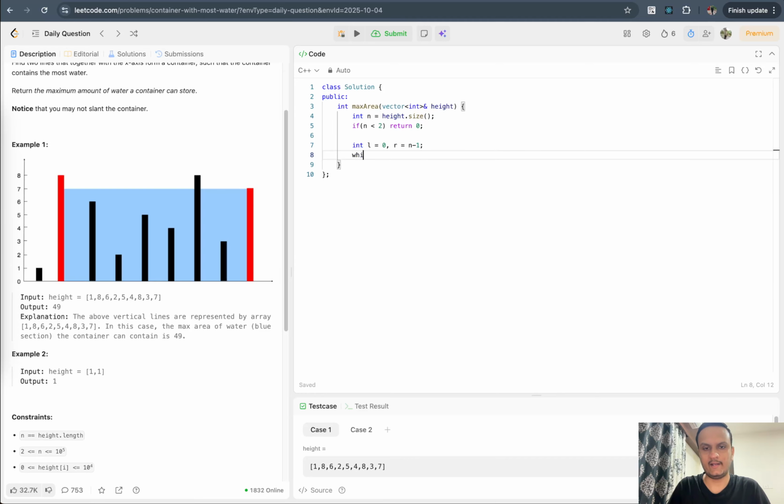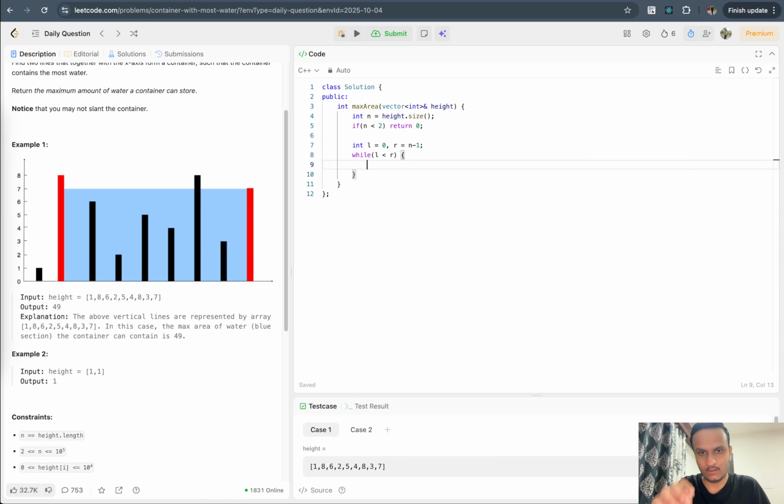Okay, and I will do a while loop, l less than r, because we will be increasing l and we will be decreasing r. We will keep l less than r, and we will not keep equal, because if l and r are equal, then we can't trap any water and there is no container to form.